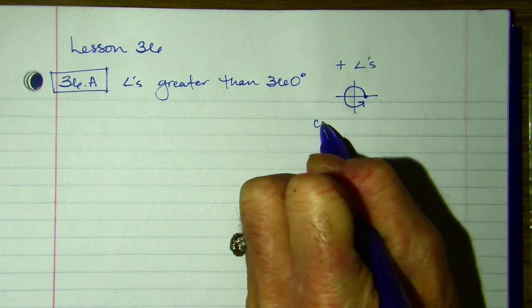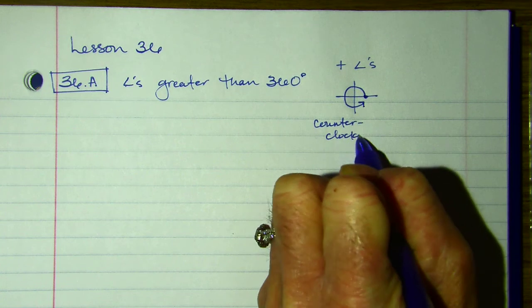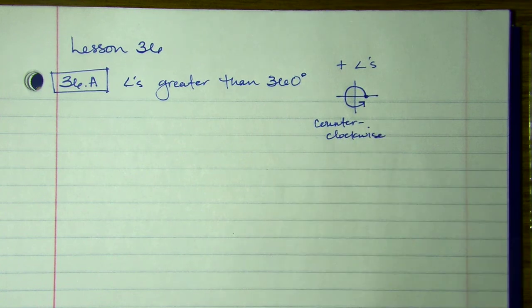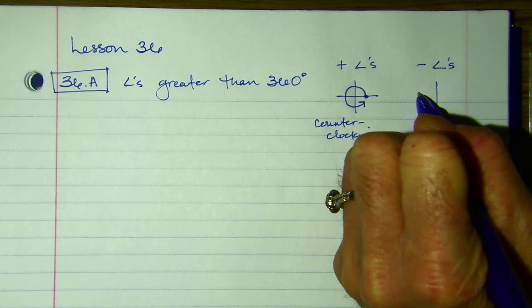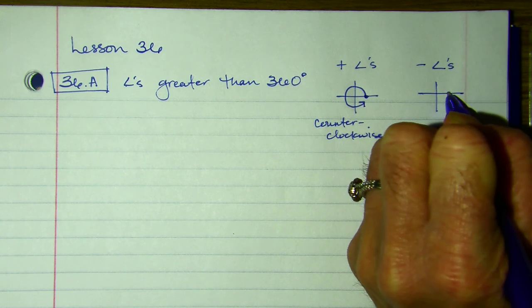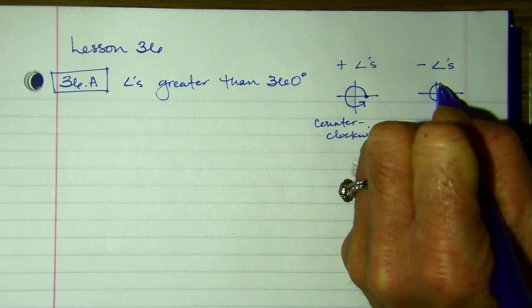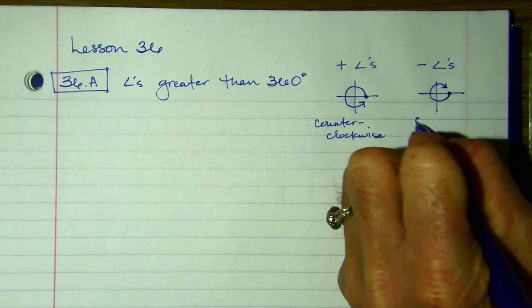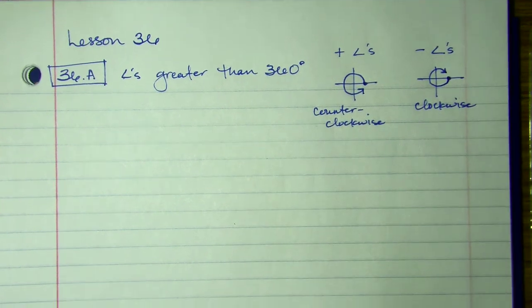So remember, positive angles are counterclockwise. Negative angles move in a clockwise direction. So always starting with the positive x-axis side, clockwise would give me my negative angles. So negative angles are clockwise.